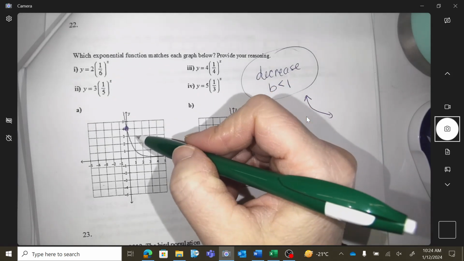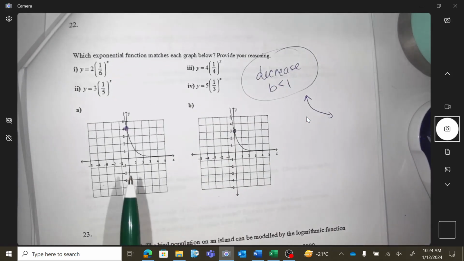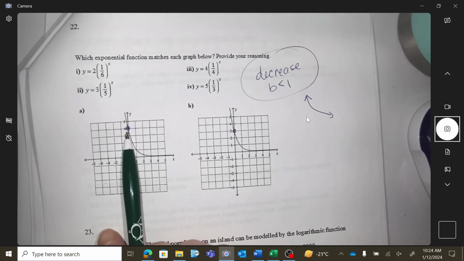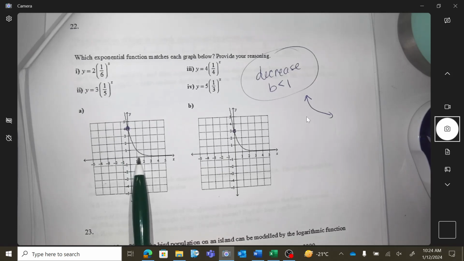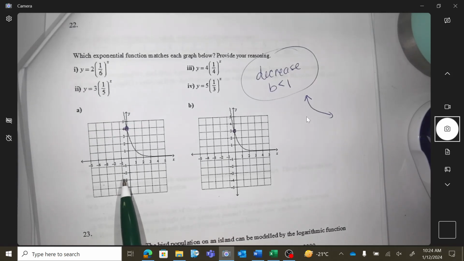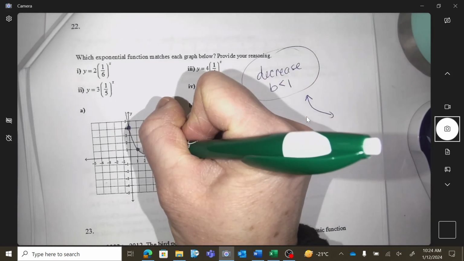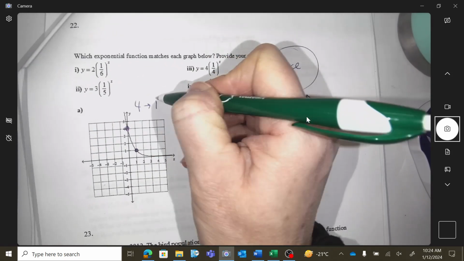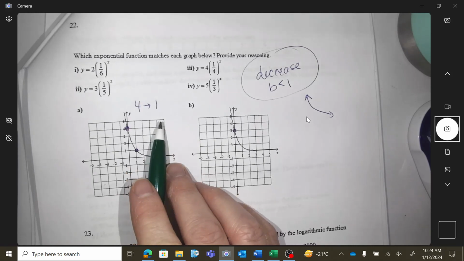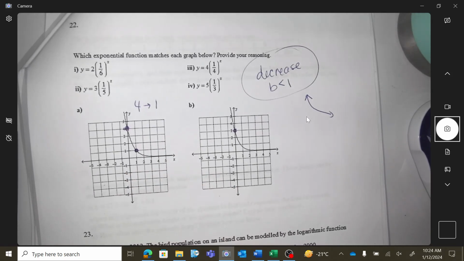So then, did you start at 4? And was your next amount a quarter of the previous one? We went from 4 and then we went to 1. Did we go a quarter of it? Yeah.